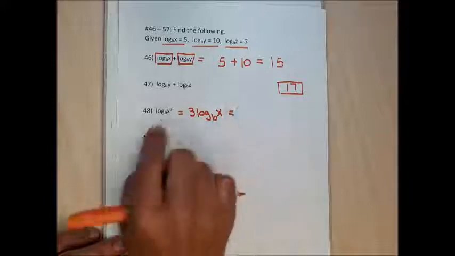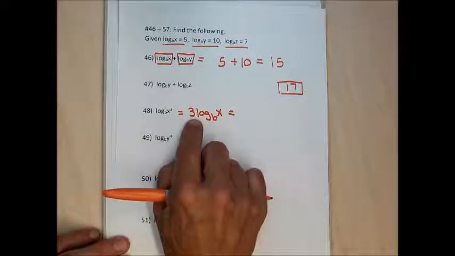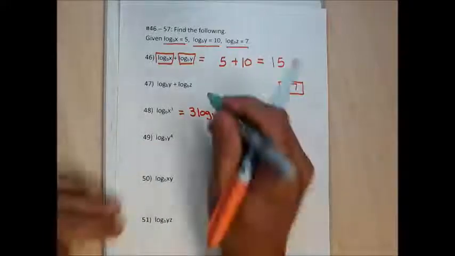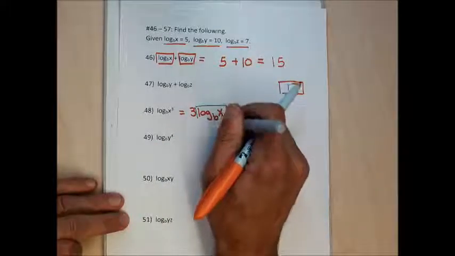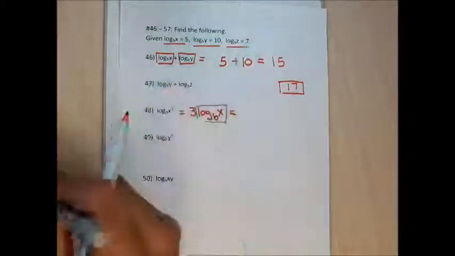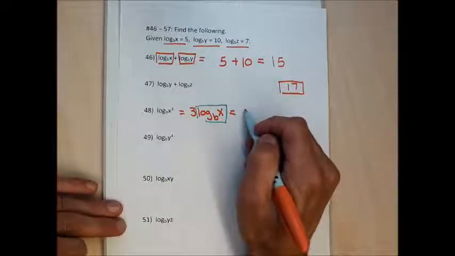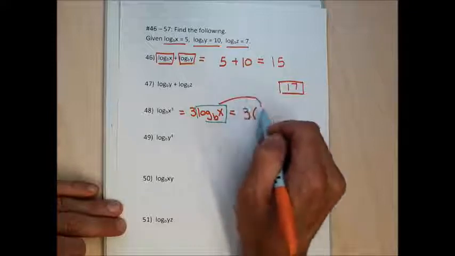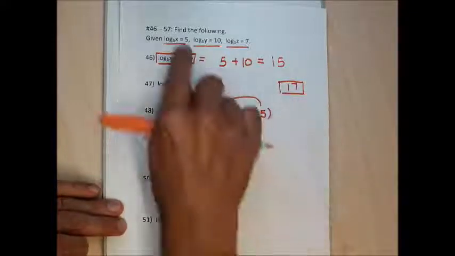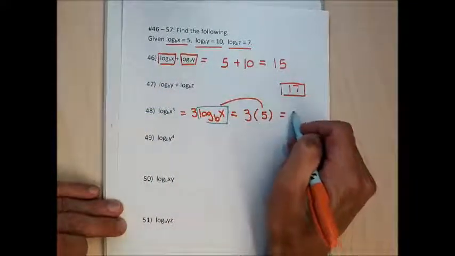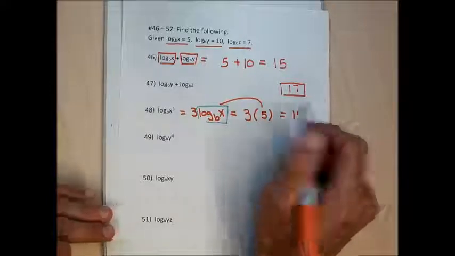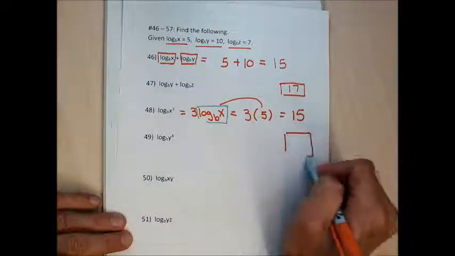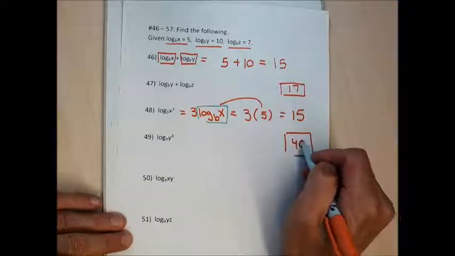So the log base b of x cubed is equal to 3 times the log base b of x, and I'm going to replace the log base b of x with what it's equal to, and that's equal to 5. Now this whole problem is going to be equal to 15. Your answer for problem 49 is going to be 40.